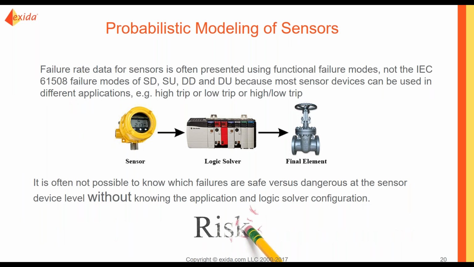Failure rate data for sensors is often presented using functional failure modes, not the IEC 61508 failure modes that you might be familiar with, such as the safe and dangerous, broken up into detected and undetected, because most sensor devices can be used in different applications, such as high trip or low trip or high-low trip.